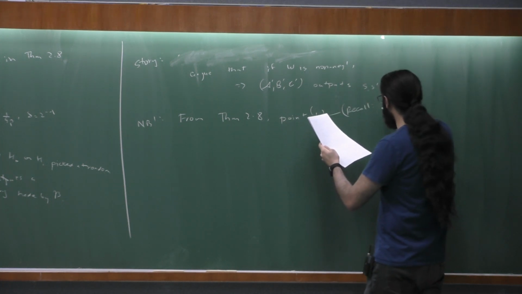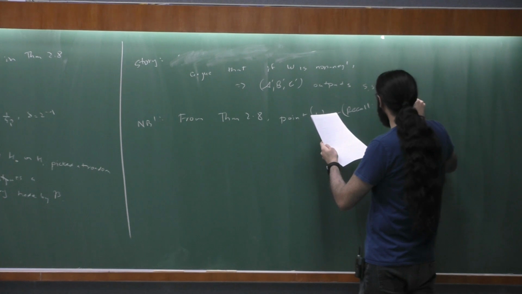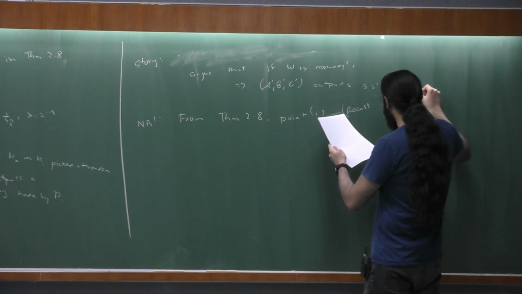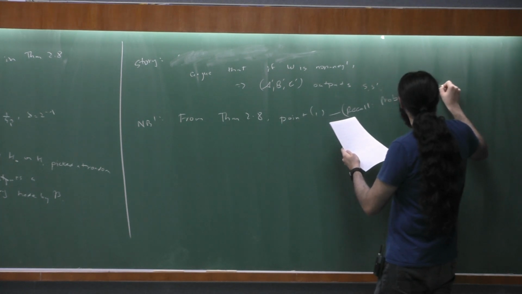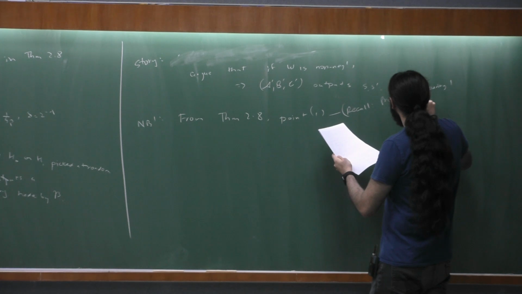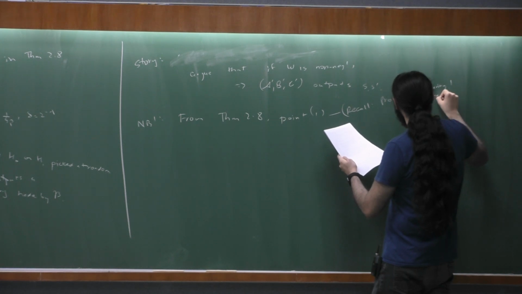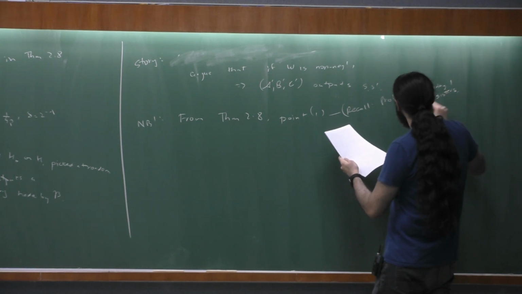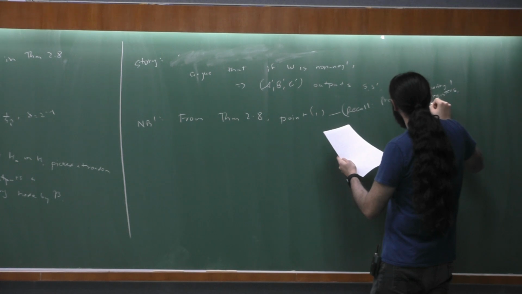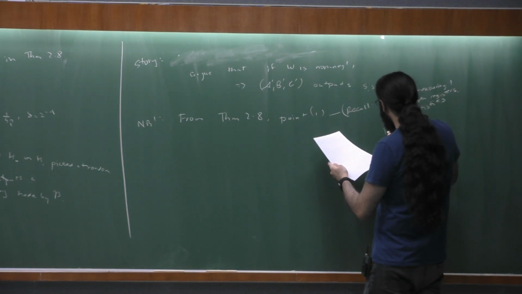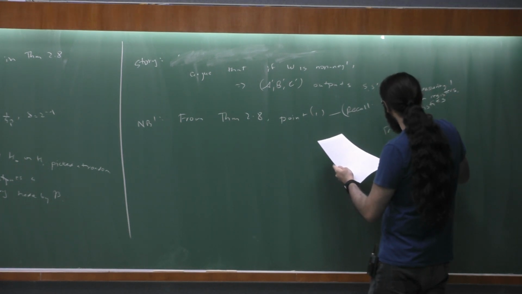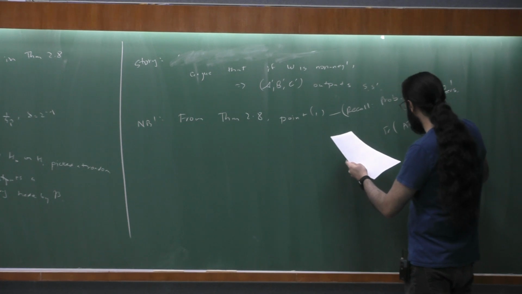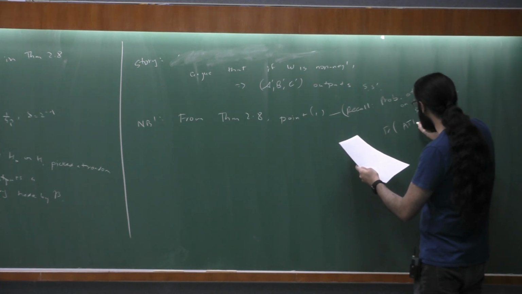This is saying that the probability of measuring 1 on both registers satisfies, so we had the measurement that we had for the, I'm not going to write the whole thing, so I'll just write 1.